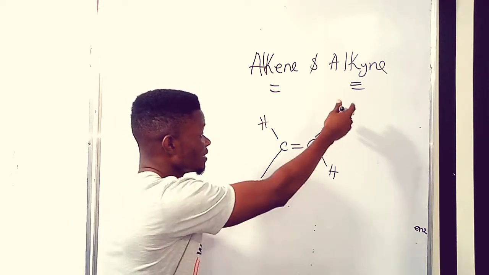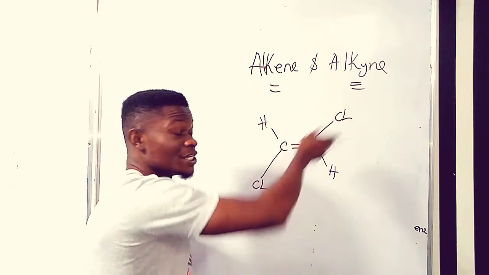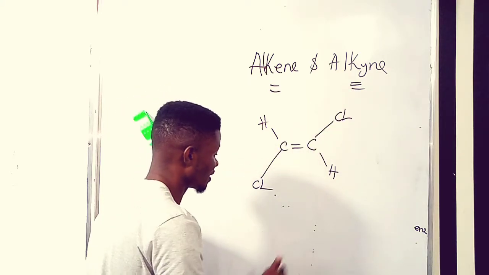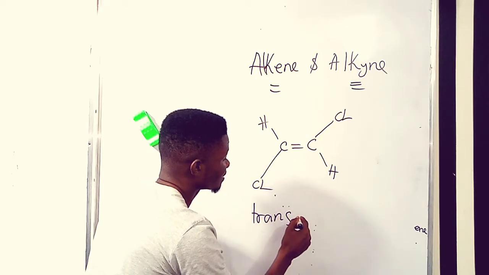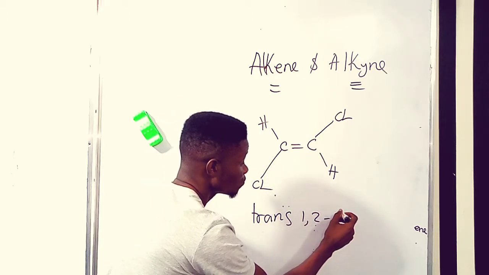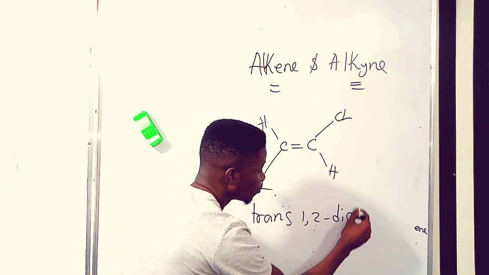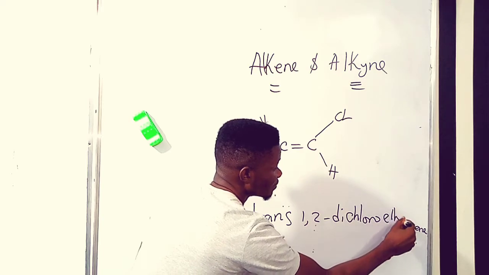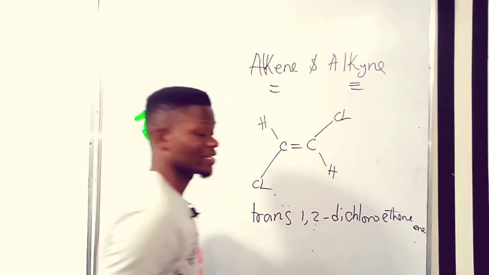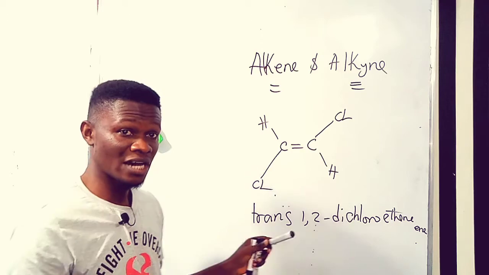Look at this, the chlorine and the chlorine are in trans form. So this will be trans 1, 2 dichloroethene. Alright, it's as simple as that.